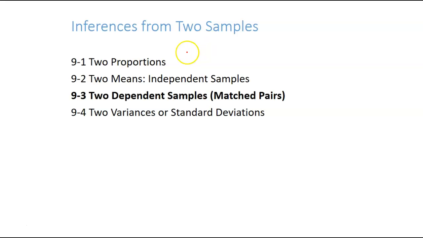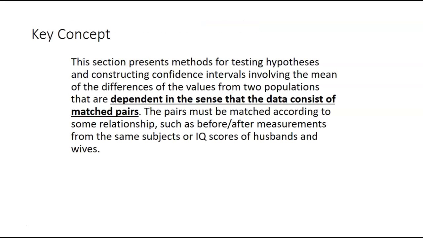Okay, moving on into 9.3, looking at dependent samples or matched pairs. So we're going to basically be looking at doing some problems. This might involve something such as a before and after measurement, or maybe you're looking at IQ scores of husbands and their wives.